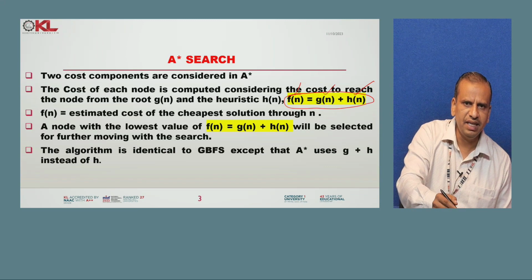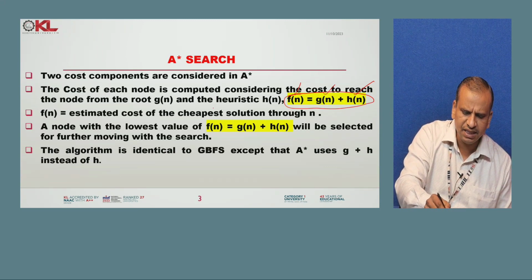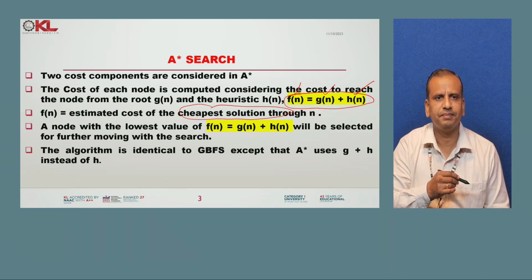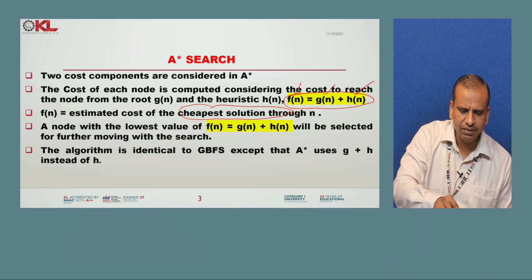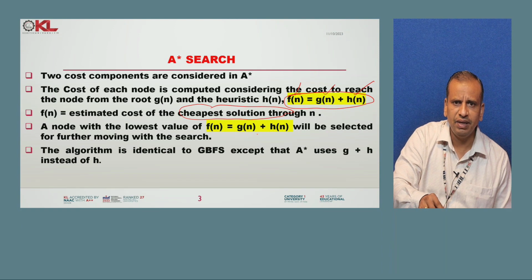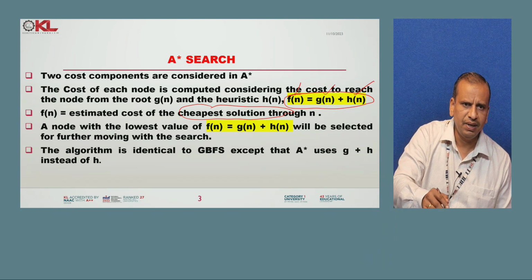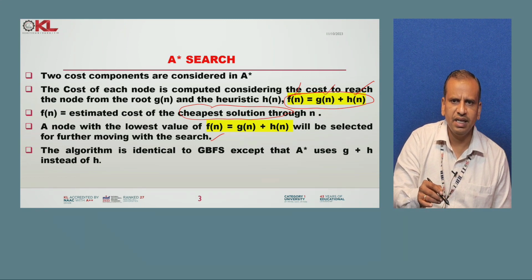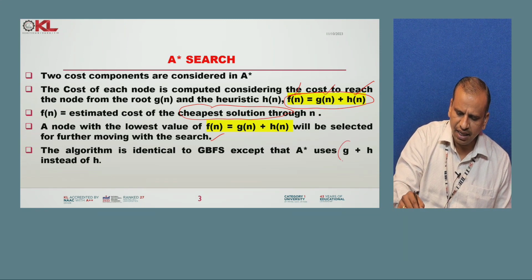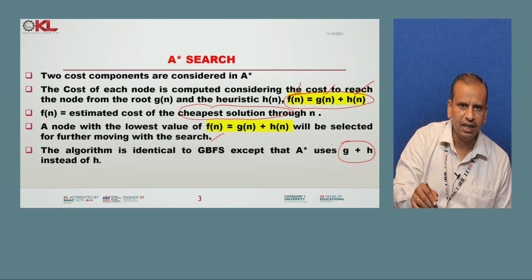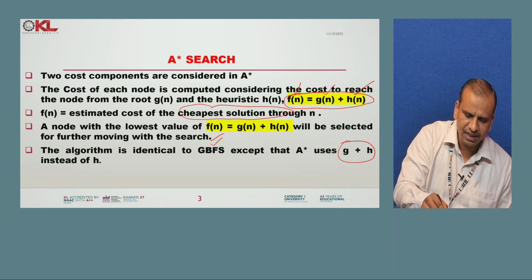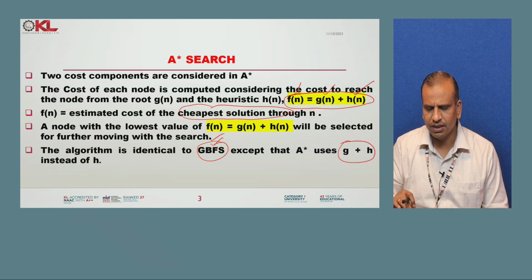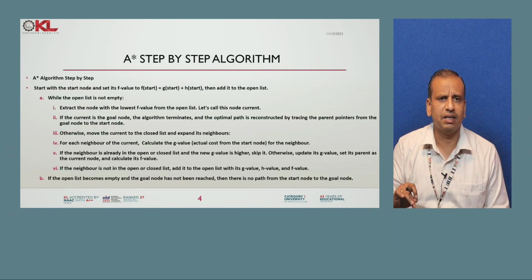F of n estimates the cheapest, lowest cost solution through n. A node with the lowest value of f of n equal to g of n plus h of n will be selected for further reaching the solution. That is why this is called a best first search with a generalized value. This is the introductory part of A star.